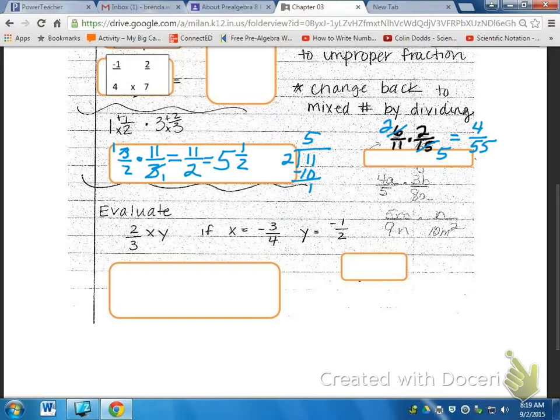Good. All right, and then the next one I want to show you is 4a over 5 times 3b over 8a. Now you've got to be really careful, but sometimes the letters are actually easier, because you don't know what a is, but it's the same thing.